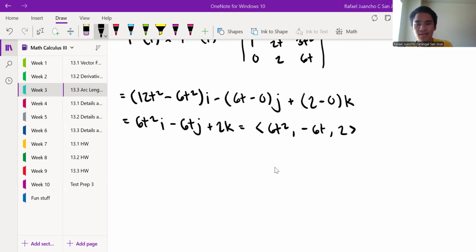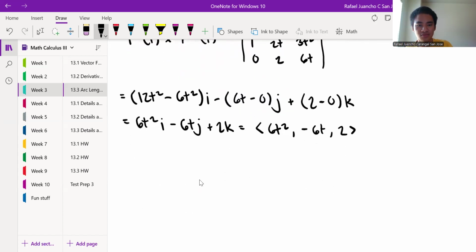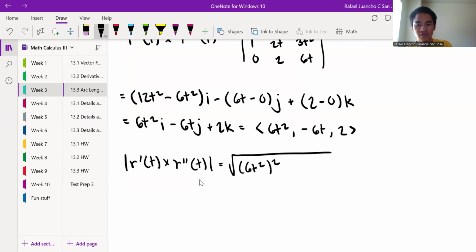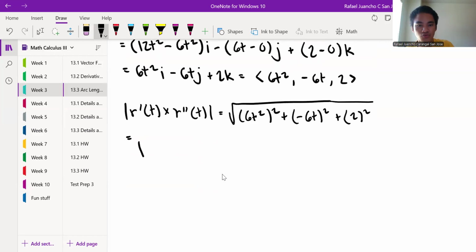Okay. And then from here, I get its magnitude, right? So the magnitude of this thing is just the distance formula of this thing. 6t squared, square that thing. The y component, square that thing. The z component, square that thing. And I get 36, 6 times 6, 36t to the fourth.